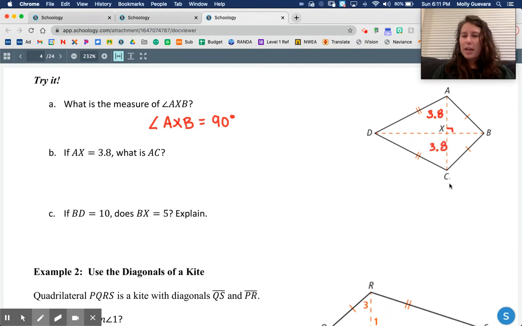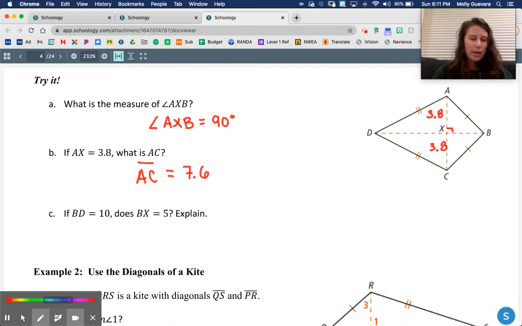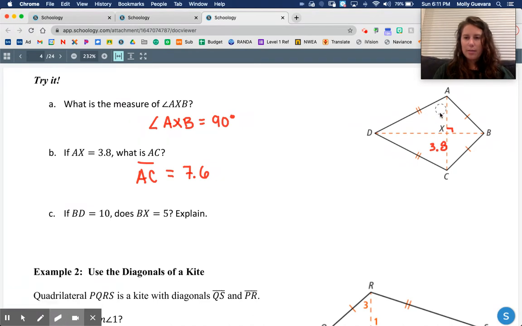So then I can find what the total distance is by just adding those together. So line segment AC is equal to 3.8 plus 3.8, which is 7.6.